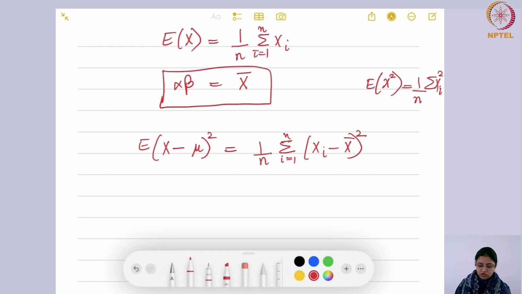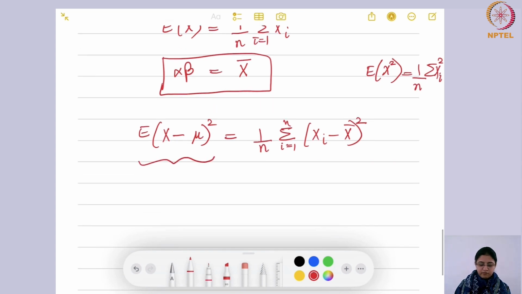This is your population moment about the mean. That is why you have the population mean here, and in this case this is the second moment, that is why r is 2, and this is the corresponding second sample moment about the sample mean.